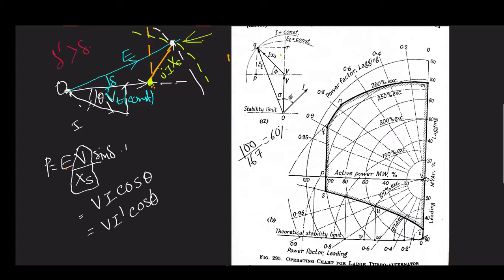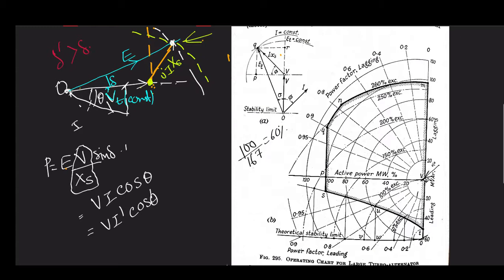Now similarly, this side is leading, like the generator is absorbing leading current, and that side is lagging current. Today Ayushman asked what about the condition when it will be floating.